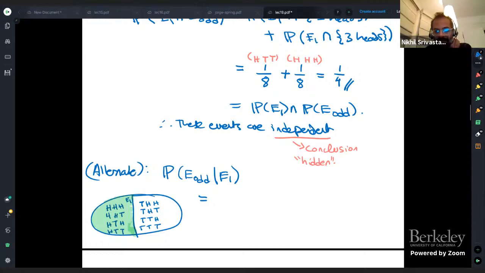Well, the first one has an odd number of heads, and the last one does. So this probability is 2/4, which is a half. And that equals the probability of E odd, which we calculated earlier, so they're independent.